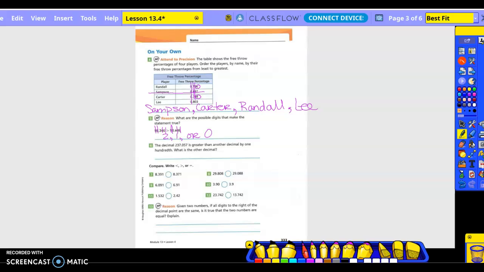The decimal 237 and 57 thousandths is greater than another decimal by 100. What is the other decimal? So, what number is in the hundredth spot? 5. Okay, and it says that it is greater than that.